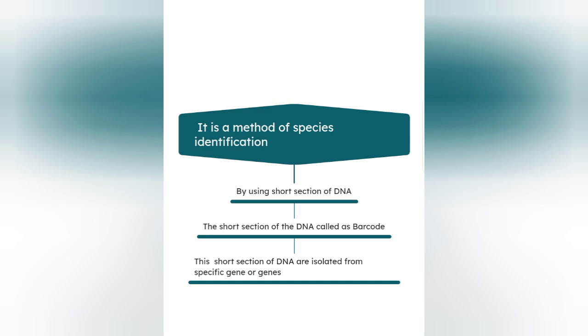Now we have to make a roadmap in our mind of the steps to identify the organism or species by using a barcode. Firstly, we take the section of the DNA from the unidentified organism's gene or from its genome. This section is known as the barcode, and simply this barcode is used to identify the organism.